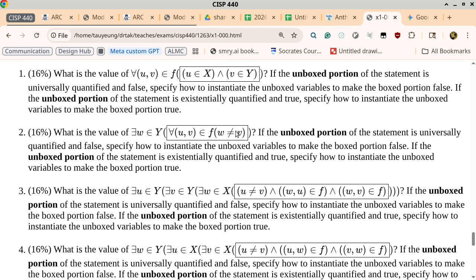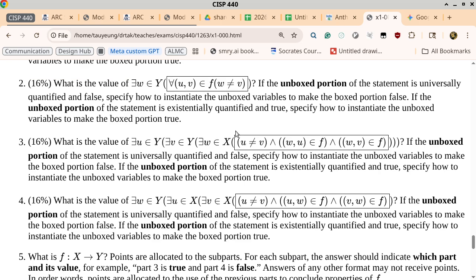It relates to whether f is a function or not, and this needs to be false in order for f to be a function. Okay, are we okay with that?